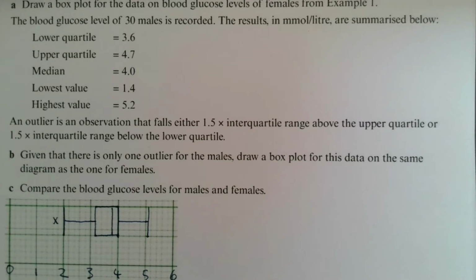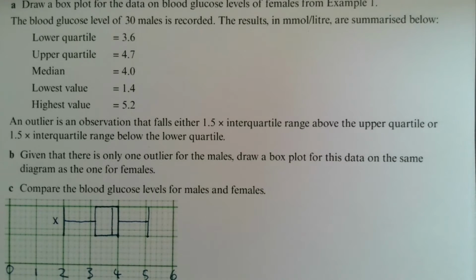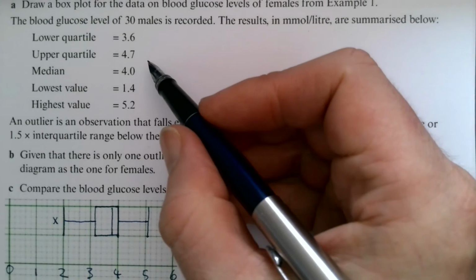Now it says, given that there's only one outlier for the males, draw a box plot for this data. Well, before we can know exactly whether our outlier is the highest value or the lowest value, we'll need to work out what our interquartile range is, so that we can find where our boundaries would be.